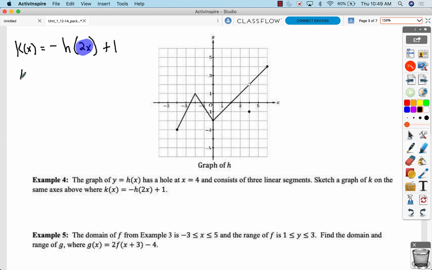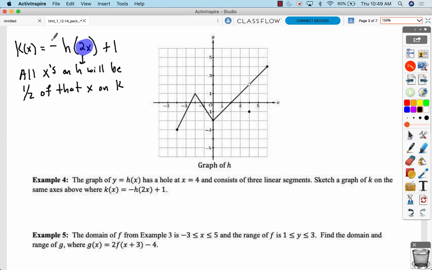So now all x's on h will be half of that x on k. So the new graph is going to kind of shrink. That's what that part does.